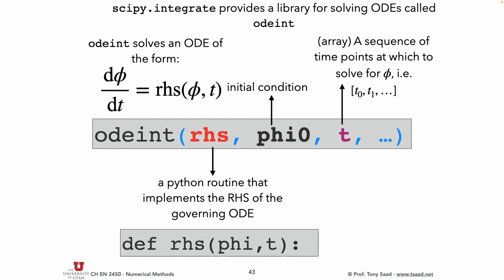That's what you provide here: the sequence of points at which you want to solve the ODE. And odeint returns an array that contains the solution of the dependent variable, in the lobster case the temperature, at T0, at T1, at T2, all the way to Tn. So it solves the ODE for you numerically at each one of those points.